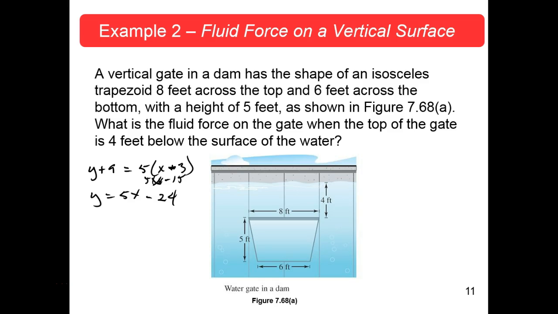So that's not what we want, okay? We want it in terms of x, so why in the world they did that? So let's add 24 to both sides. So that gave us y plus 24 is equal to 5x, and then divide by 5. So x is equal to y plus 24 divided by 5.